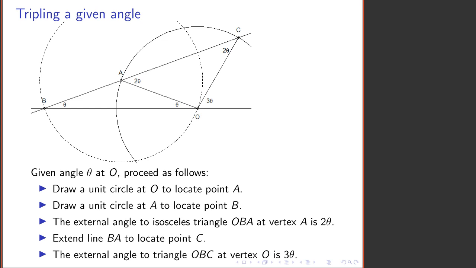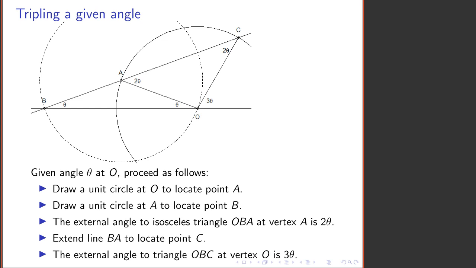If I look at the triangle OBA, I see it's isosceles because it has two sides of length 1. It has two equal angles theta, and the external angle at vertex A is, according to Euclid, the sum of these two angles, or 2 theta.